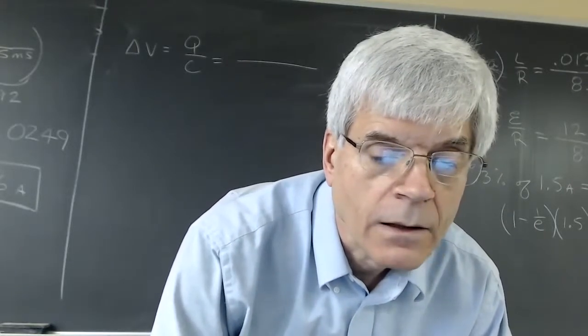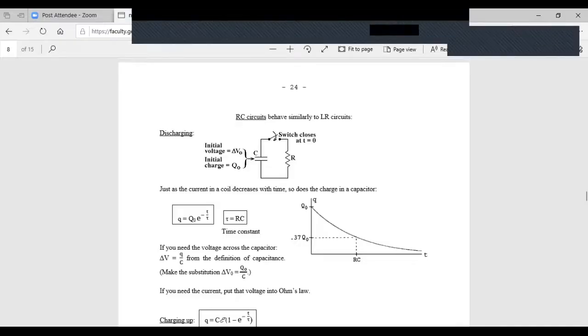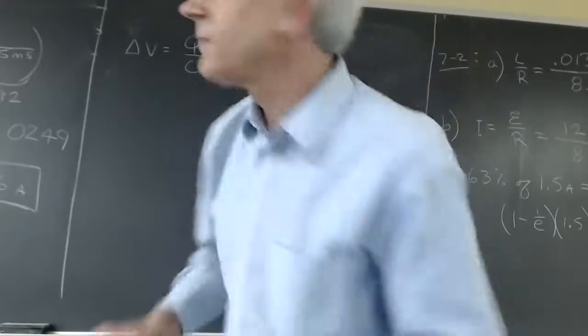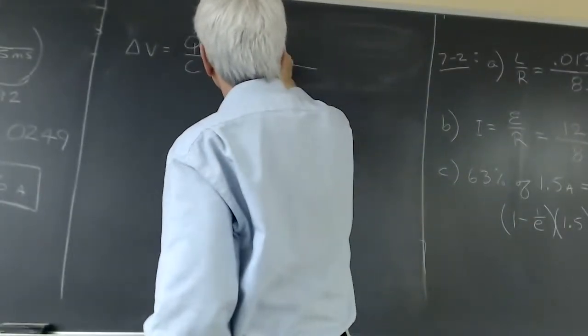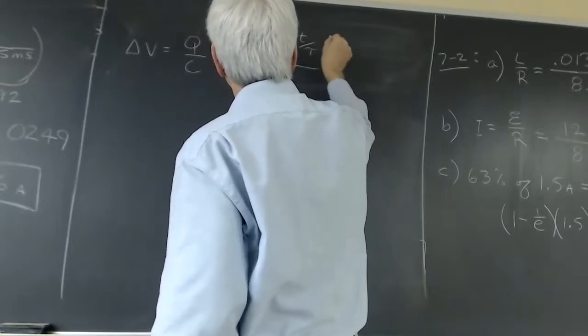Q0 e to the minus, right? So Q equals Q0 e to the minus t over tau.